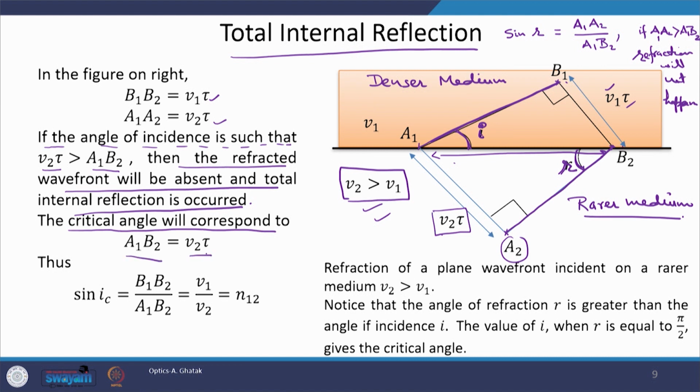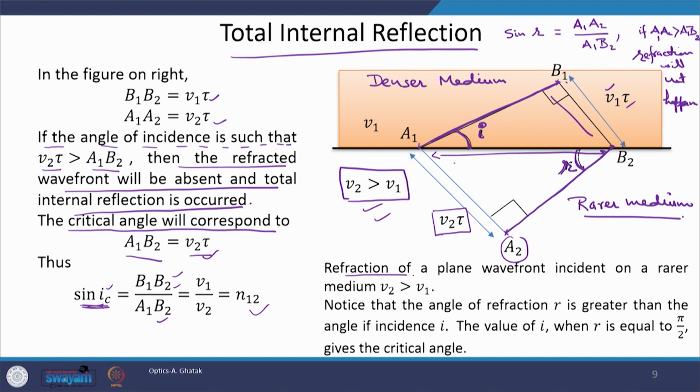In this particular case we can define the critical angle, represented by sin IC. Now, let us calculate sin IC. Sin IC would be equal to B1 B2 by A1 B2. What is B1 B2? It is V1 into tau, and A1 B2 is equal to V2 into tau. Therefore, sin IC would be V1 by V2, which is nothing but N2 by N1, the refractive index N12.